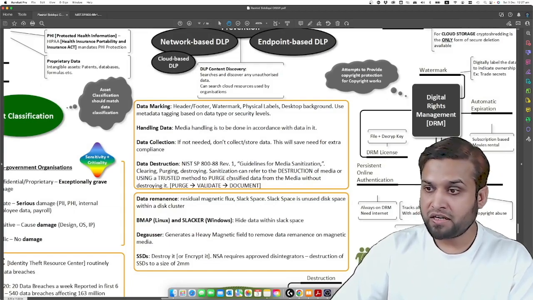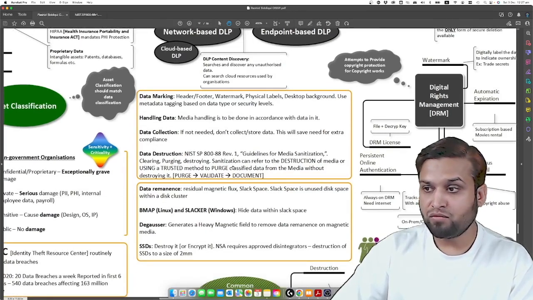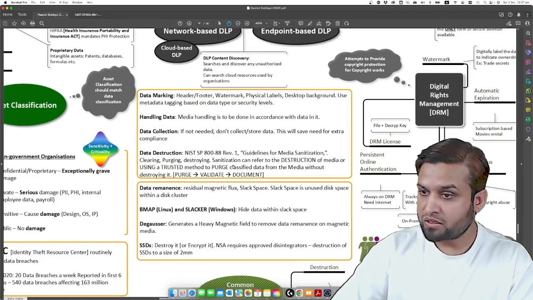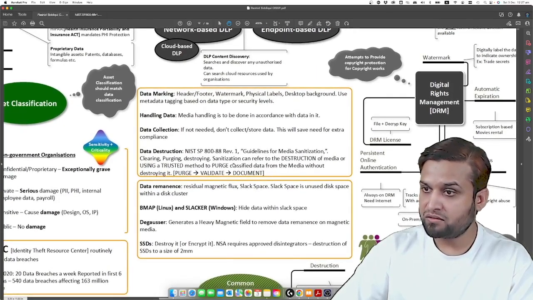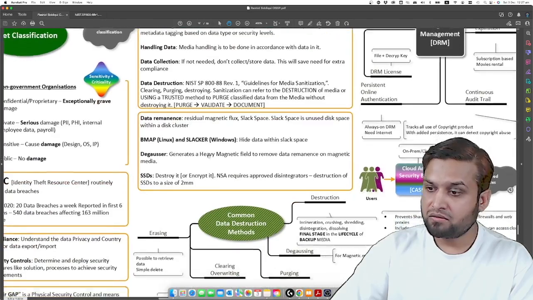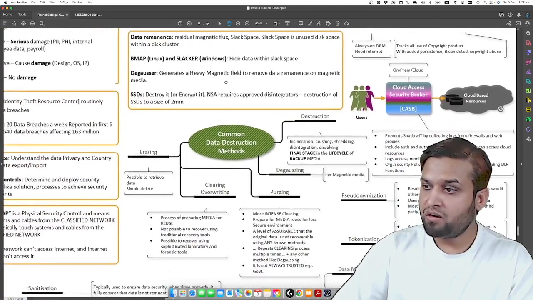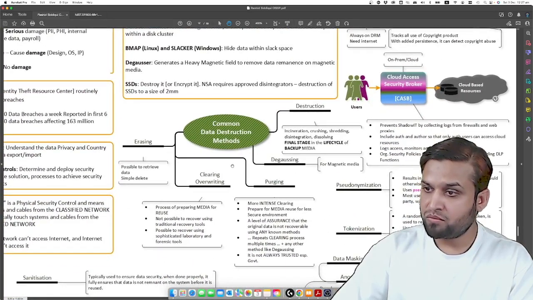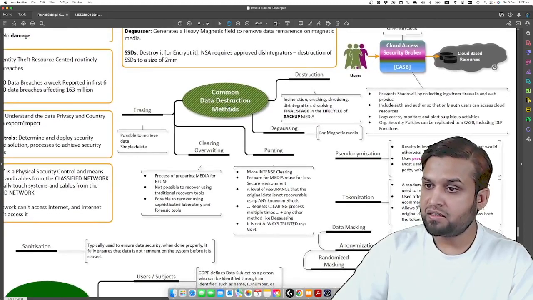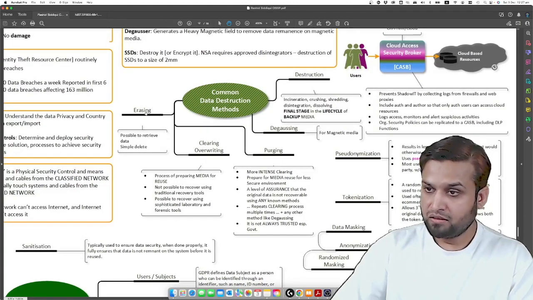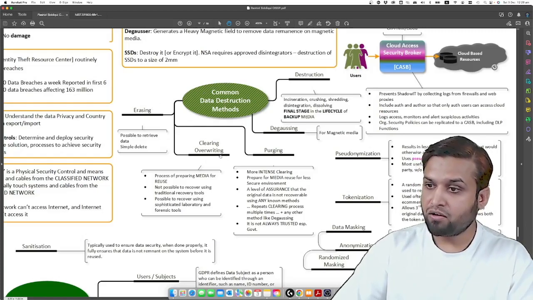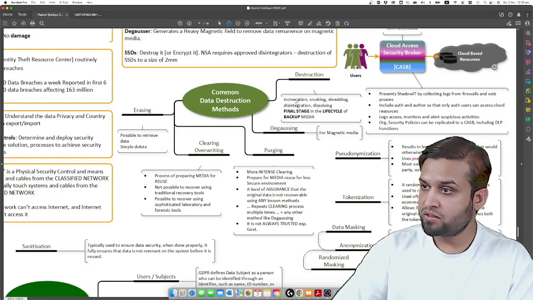We'll go straight into this document and see what it talks about when it comes to data destruction. Before I go there, I would like to spend some time on common data destruction methods. These methods are erasing, clearing or overwriting, purging, degaussing, and destruction.